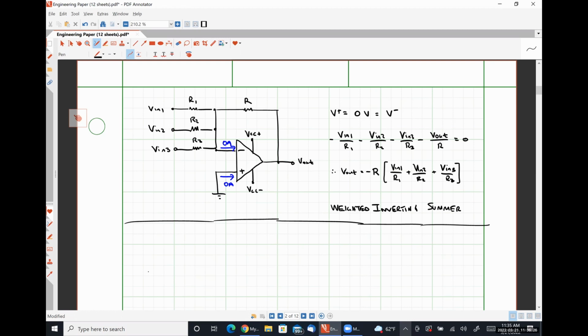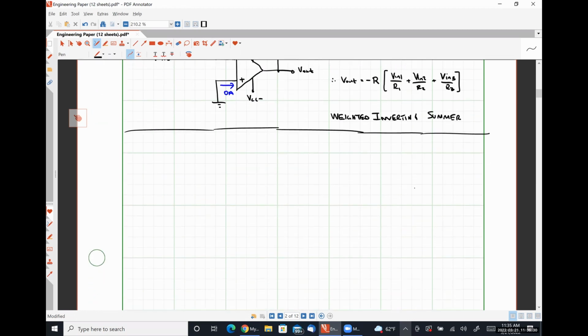All right, so we're going to have a basic op amp. Here's VCC plus.